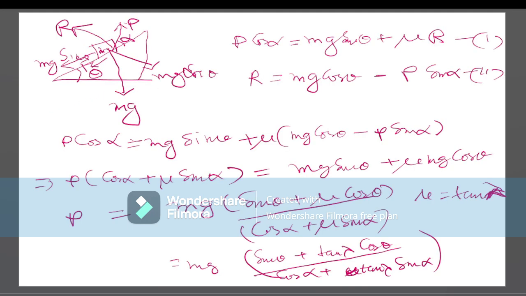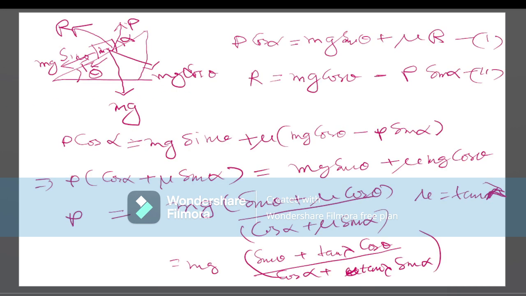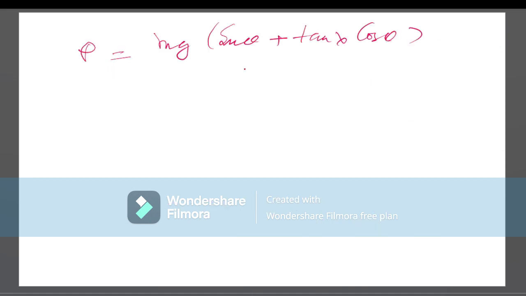So for this, we just write down like this: P equal to (sin theta + tan lambda cos theta) times mg, and cos alpha + tan lambda sin alpha.